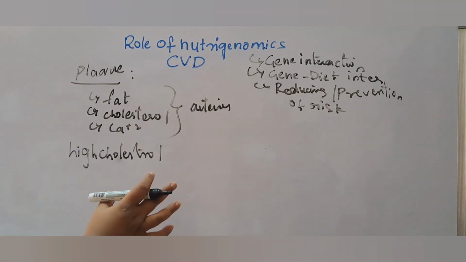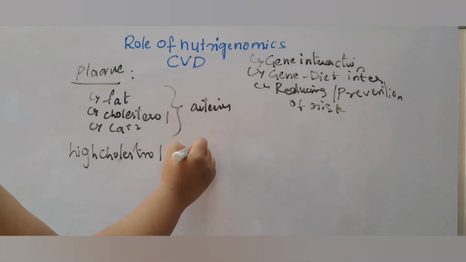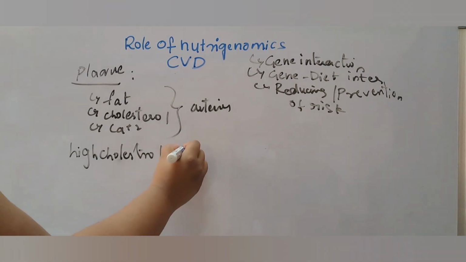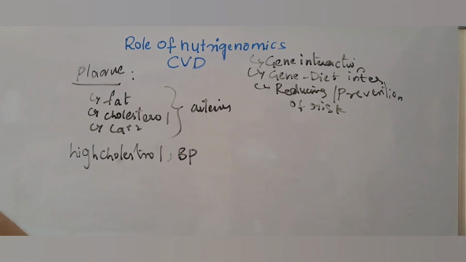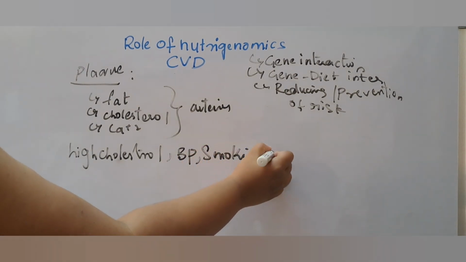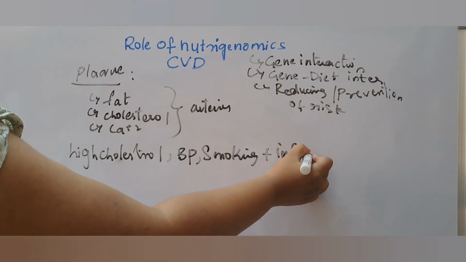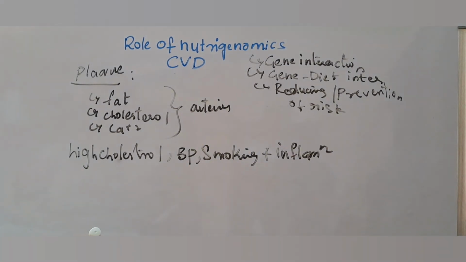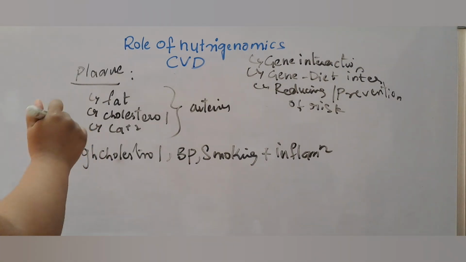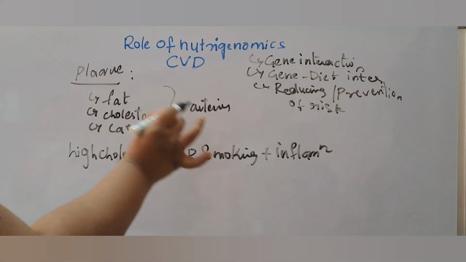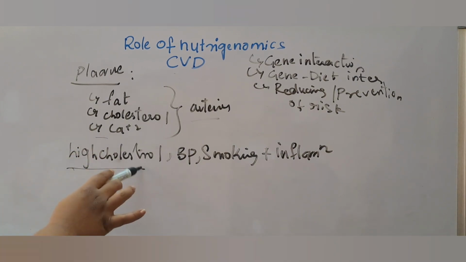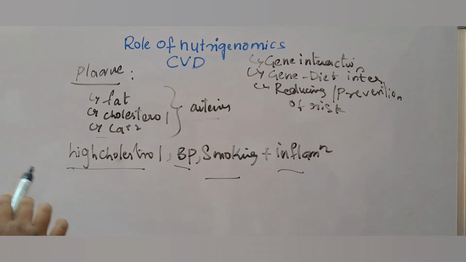Due to high cholesterol, high blood pressure, smoking and inflammation. So the plaque which builds up in the arteries is formed due to high cholesterol, blood pressure, smoking and inflammation.